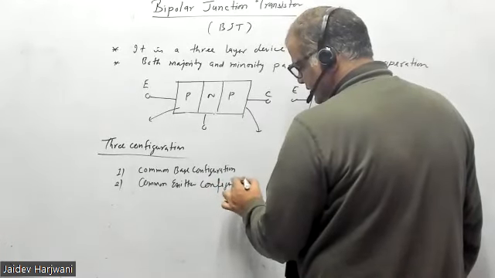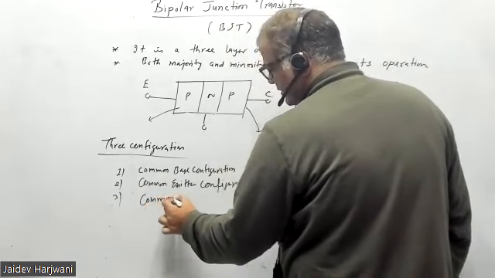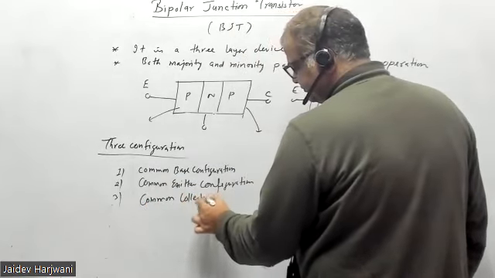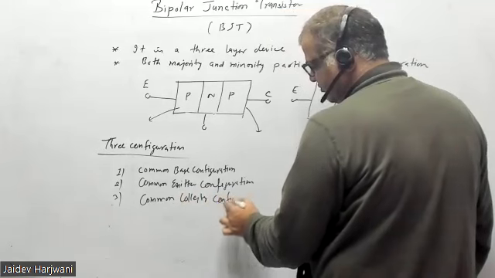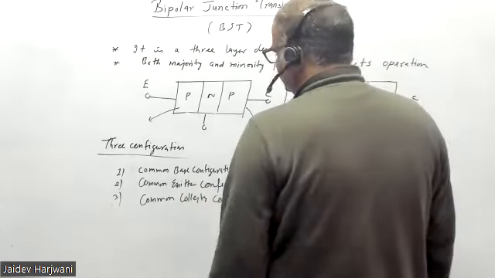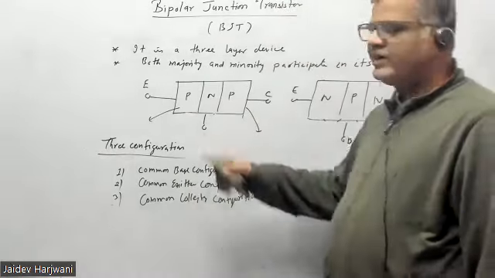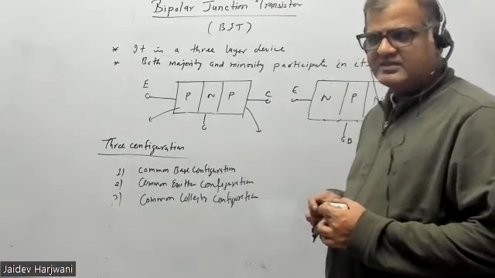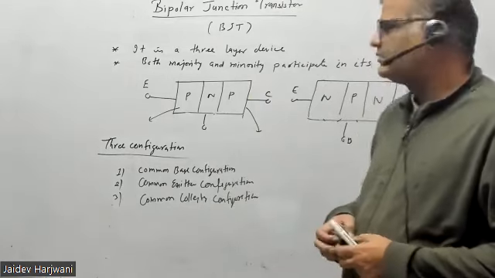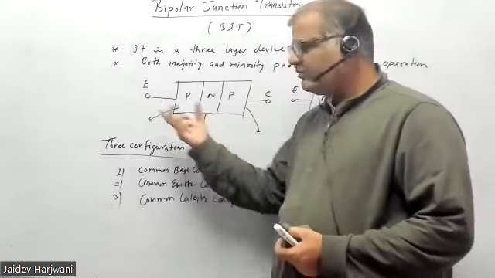And the third is the common collector configuration. Out of three terminals, one will be grounded: either you make the base common, or the collector, or the emitter. So out of three, one will be common.